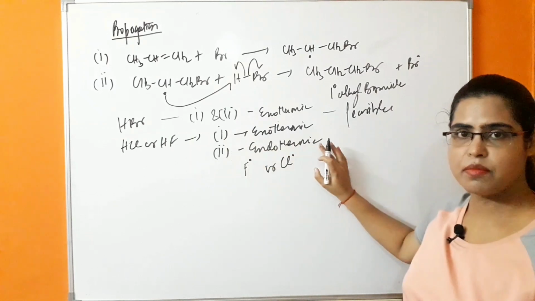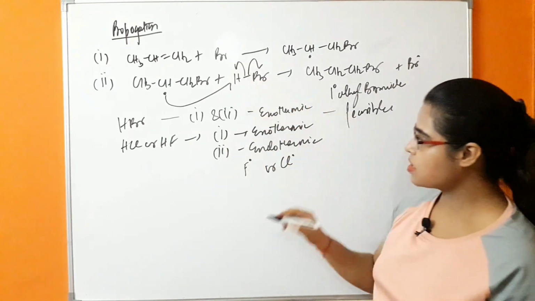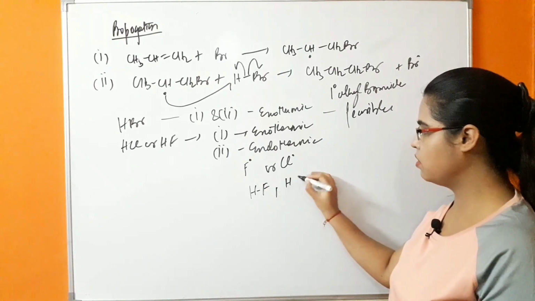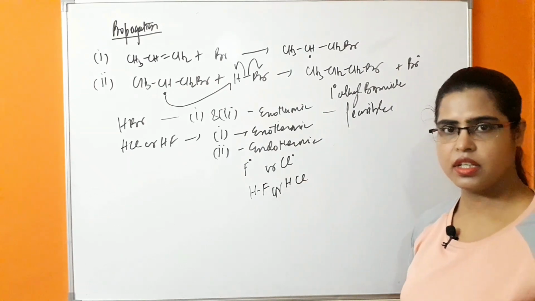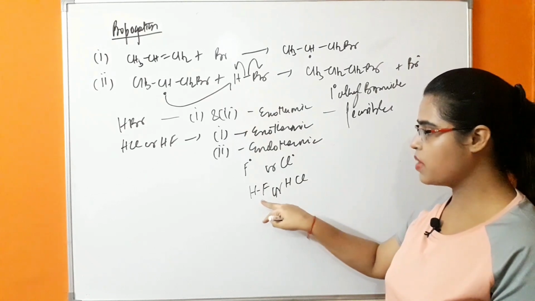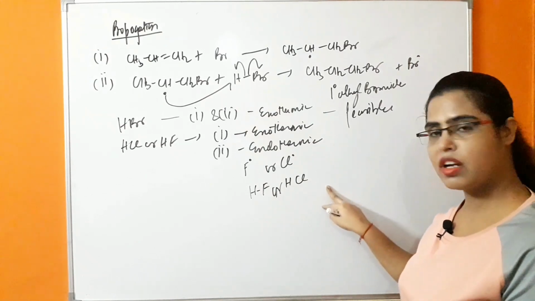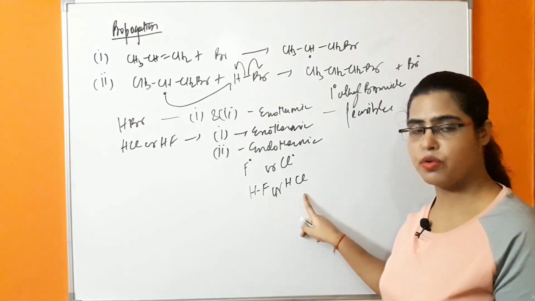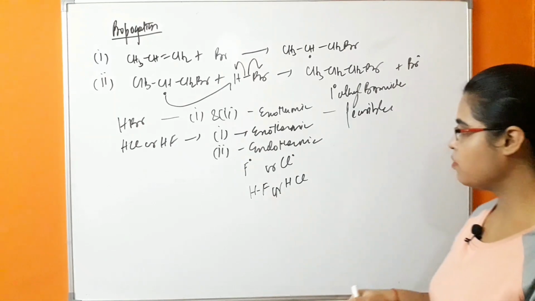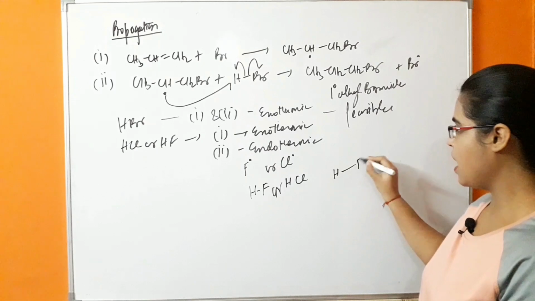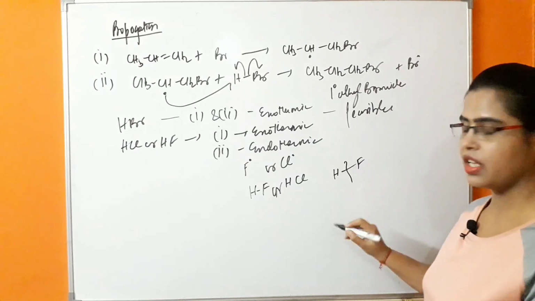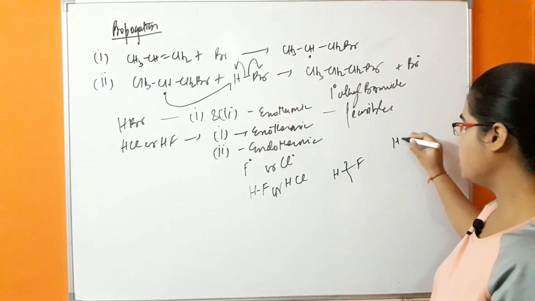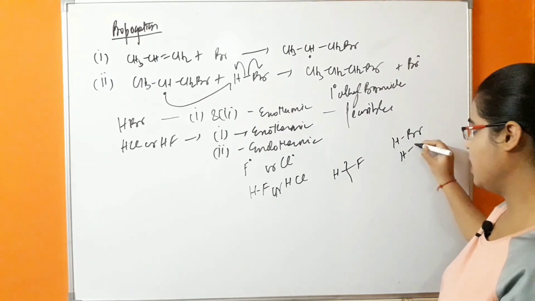Whereas in the second step, what is happening? In the second step, either HF or HCl will be present, and you know that the electronegativity of fluorine and chlorine is high. Because of that, the H-F bond is highly stable in comparison to HBr and HI.